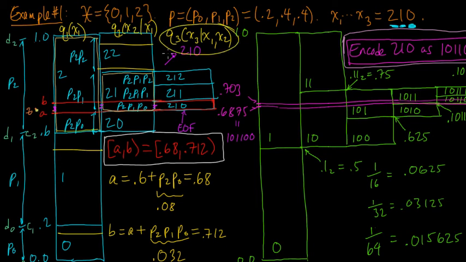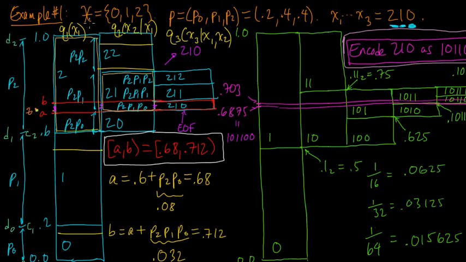We would keep on going, subdividing according to the conditional probability distribution for that symbol given the previous symbols in the sequence that we are encoding. And then at the end, once we hit our end of file symbol, the width of that final interval is going to be exactly the product of the probabilities for the symbols that actually occurred in our sequence.